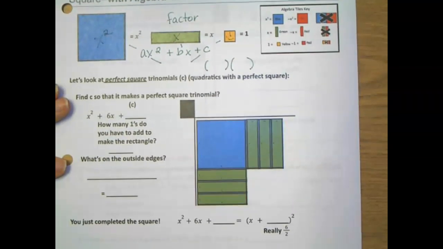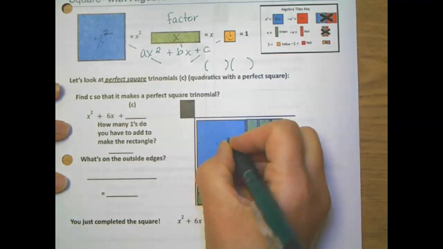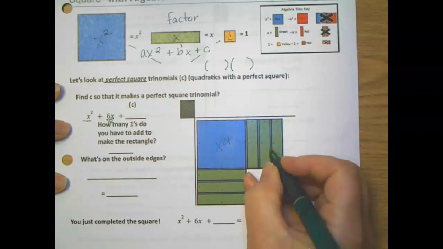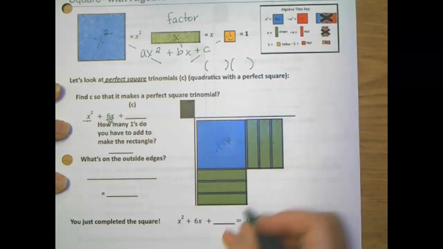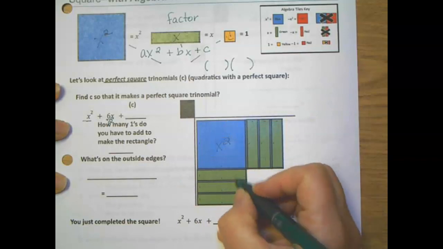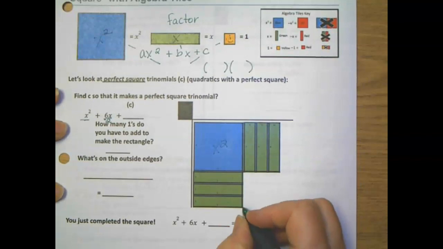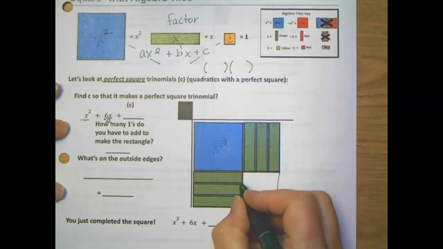And you can see here that in order to make a square, this is my x squared for my equation here. And then this here needs to be divided by 2 or divided equally to make this perfect square. So that's why there's 3 on this side, 3 on this side. And our job is to figure out how many c's fit here.